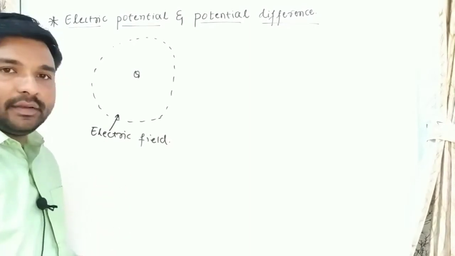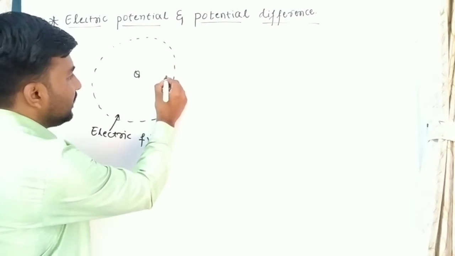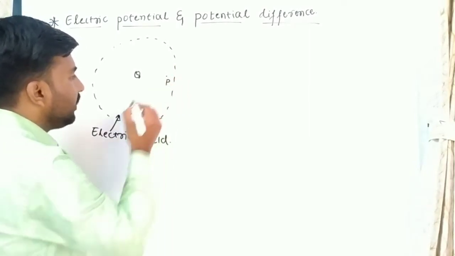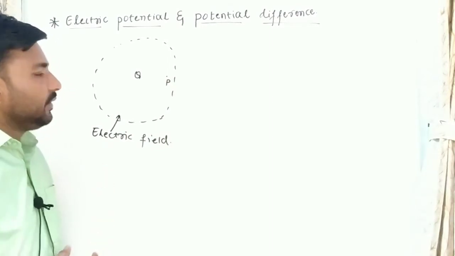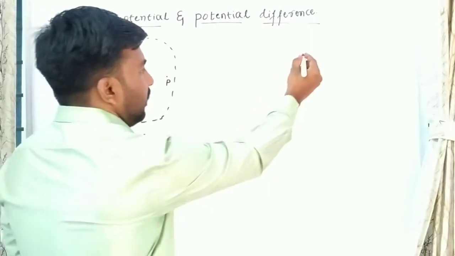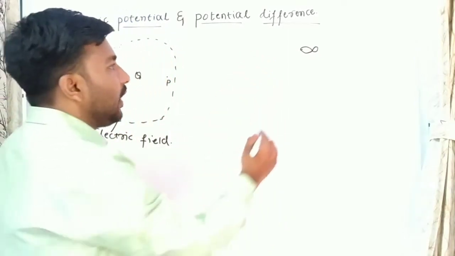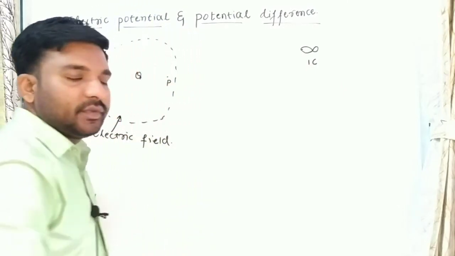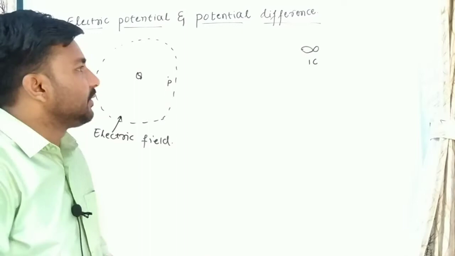Now let us suppose that in this region, I consider any point, let's say the point P in the electric field. And somewhere at infinity, we have 1 coulomb of charge. We don't know the exact place.